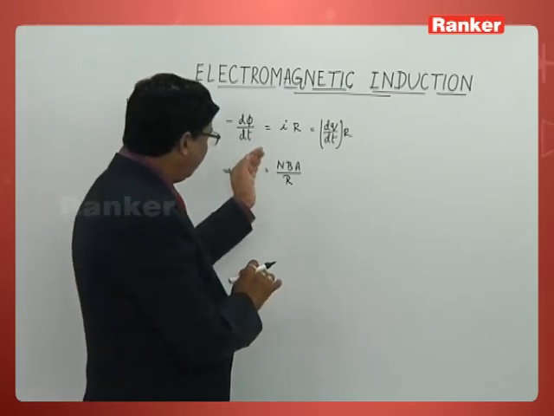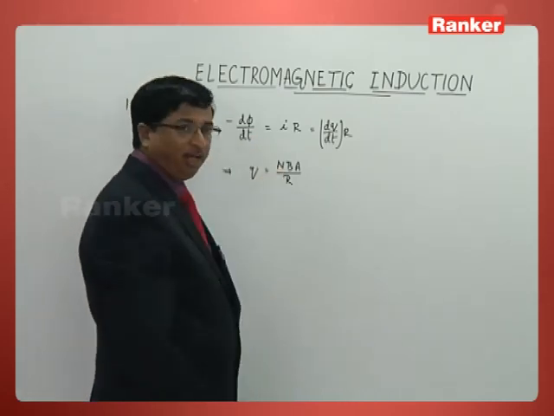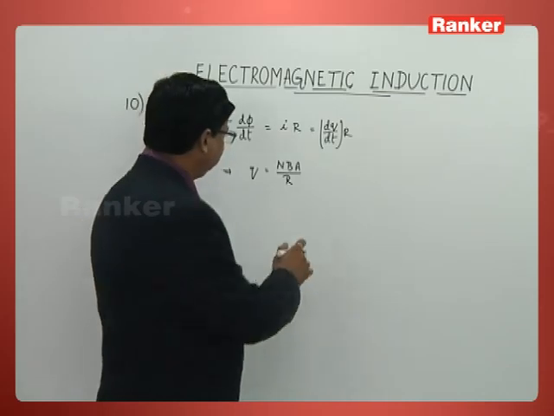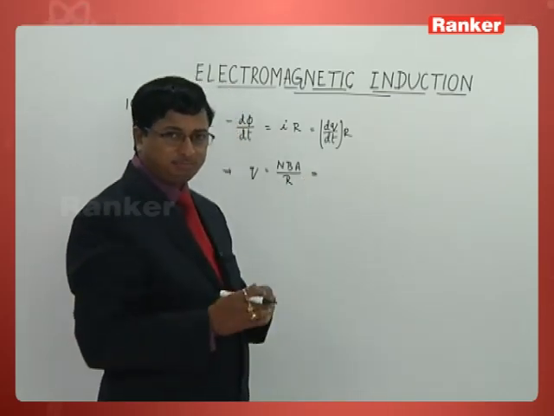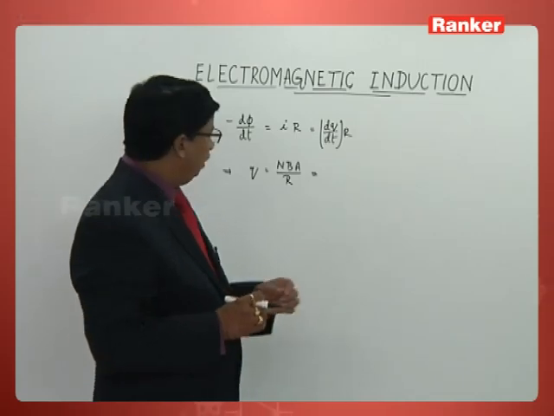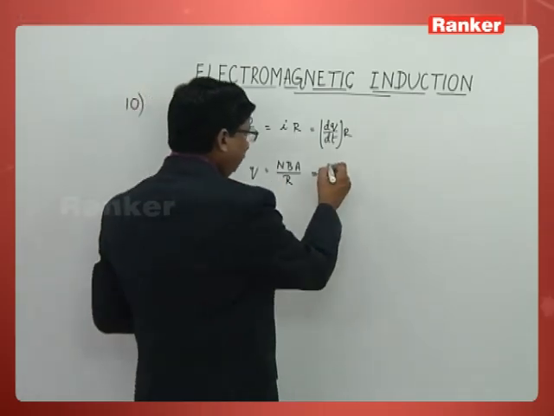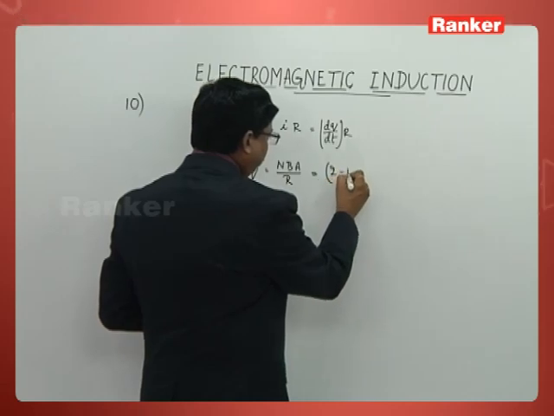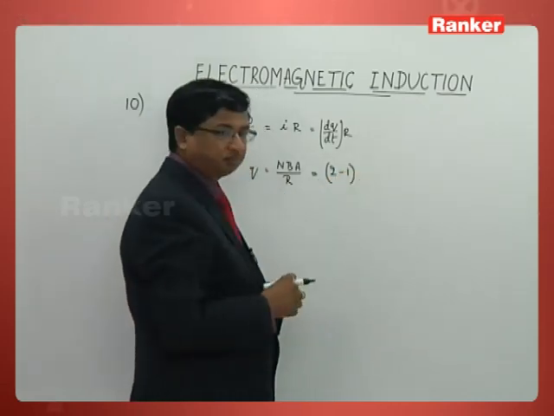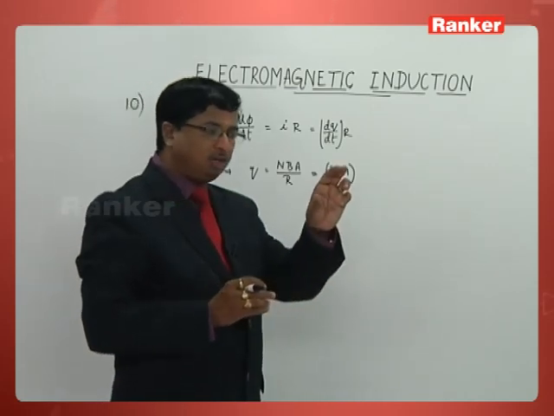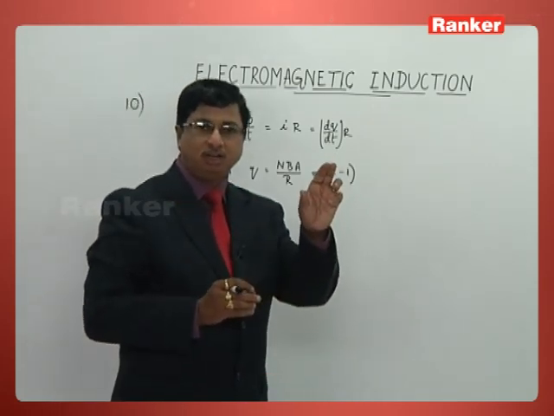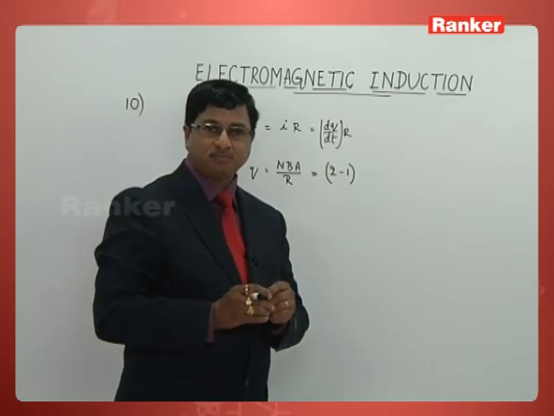So you can directly understand this one, how to take this value of B now. N no doubt is 1, only one necklace it has got. And what else, the B value? It's 2 minus 1 we should consider. Because originally it was having 2 Tesla, the magnetic field.